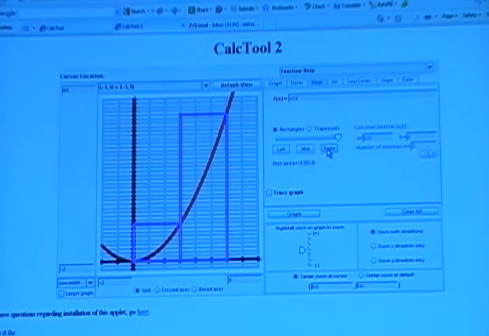So we click on right, and now we see that the left-most rectangle, the first rectangle in the interval, has its height governed by the output of the function at the right-hand side of the interval. And the second rectangle's height is likewise governed by the output of the function at the right-hand side of the interval.